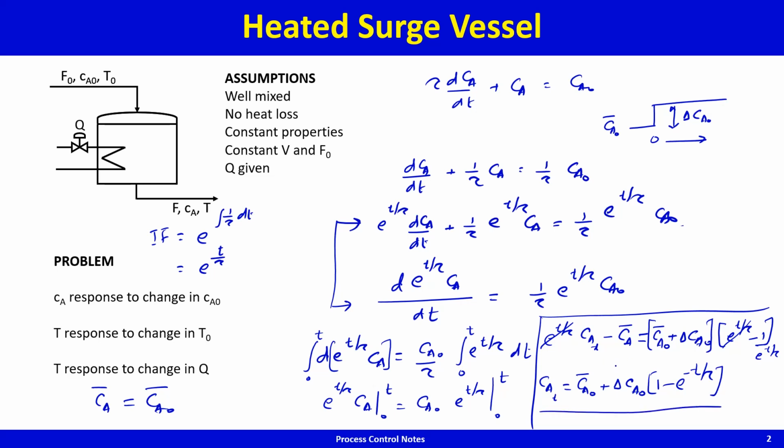There is a cancellation that occurs. If you divide, this will also be divided by e to the power t by tau. And so delta Ca naught times e to the power minus t by tau, these two terms will cancel out. This is minus Ca bar by e to the power t by tau, and when you multiply this with this, you'll get the same term, so they will cancel out, and then what you're left with is this.